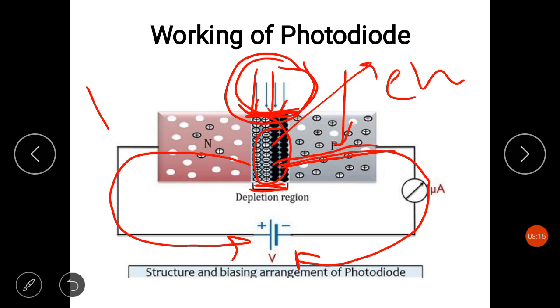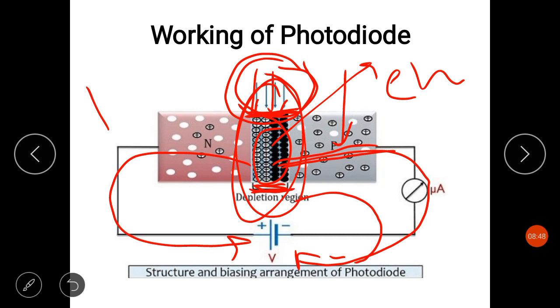But electron hole pairs generated in the junction or very near the junction can propagate easily towards opposite polarity due to the influence of the electric field across the junction, due to the potential barrier of the junction, and hence the current through the photodiode gets increased. So it is important that the light should fall on the depletion region of the photodiode.